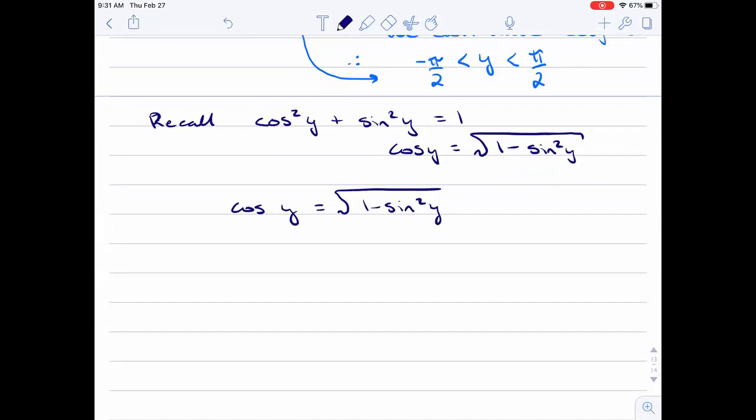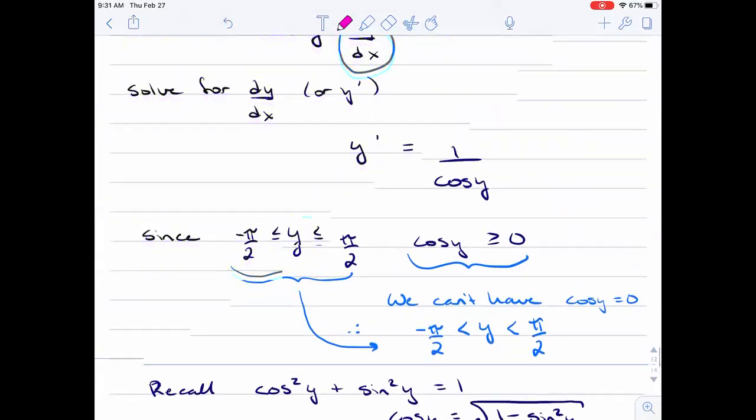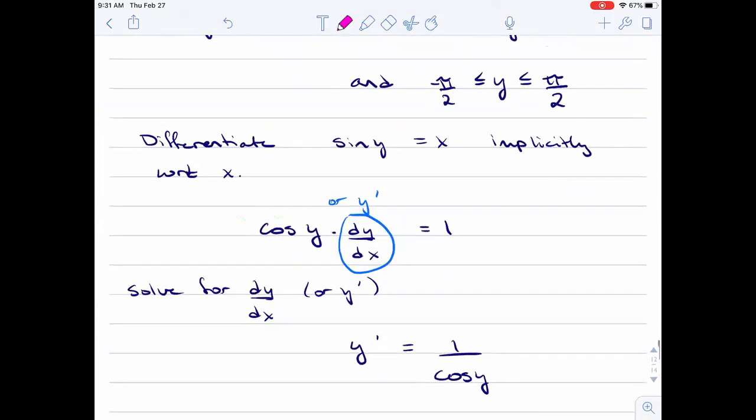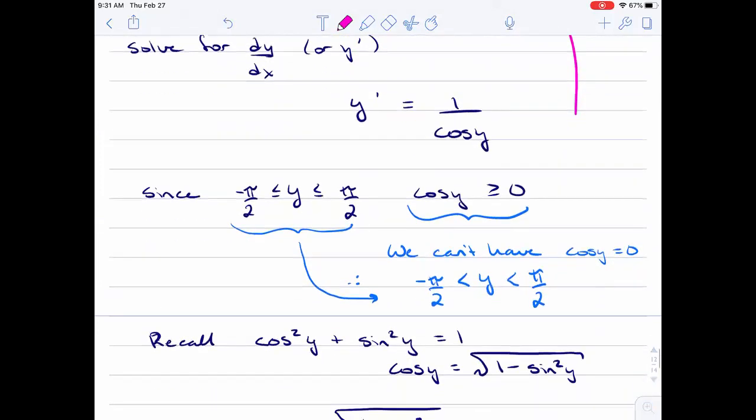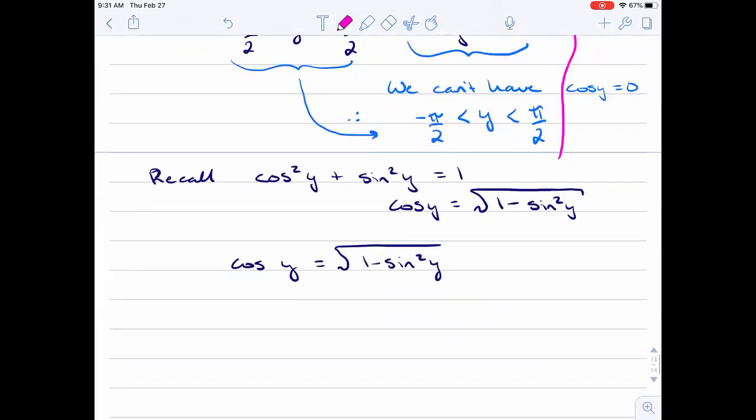And then here's the trick: sine y equals x, right? I'm gonna bring it down, way down here. Oh, a long way to go.